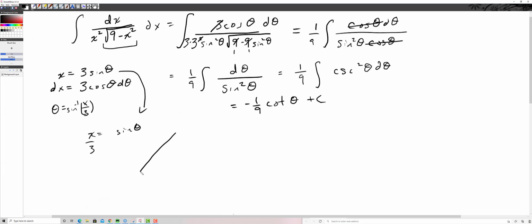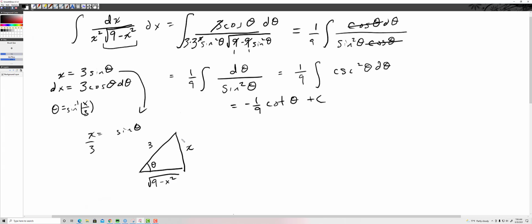So, how do I find the sine of theta? Well, the sine of theta is just the opposite over the hypotenuse. So here it's going to be x over 3. And then what's this side here? Well, square root of 9 minus x squared.